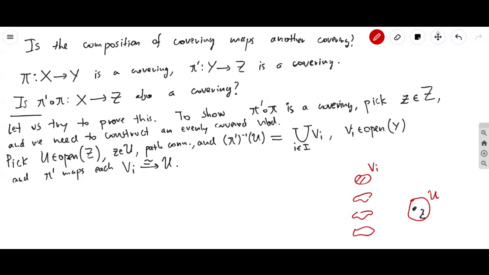Let's say this is Vi, where every single one of these is now being mapped homeomorphically to that U.